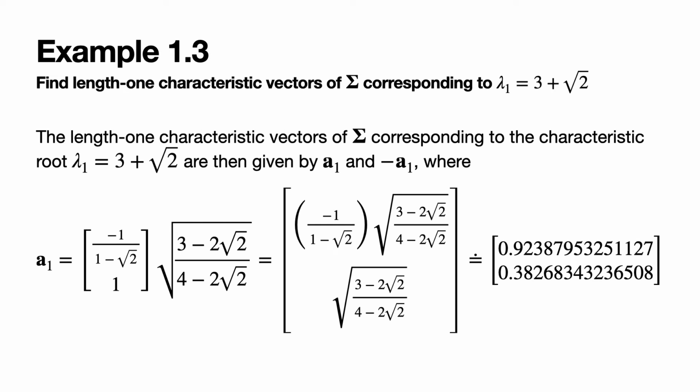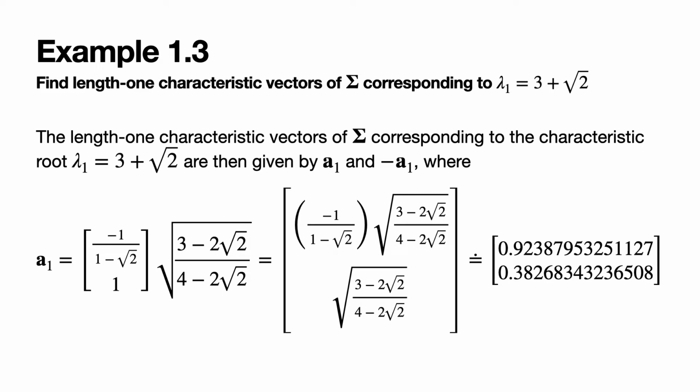And so plugging in those values for t into the general form of the characteristic vectors of cap sigma corresponding to the first characteristic root, we get the length 1 characteristic vectors of cap sigma corresponding to the first characteristic root shown here.